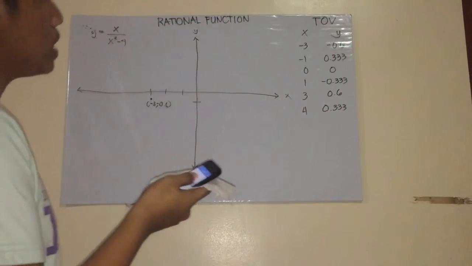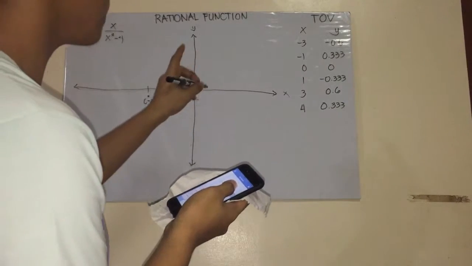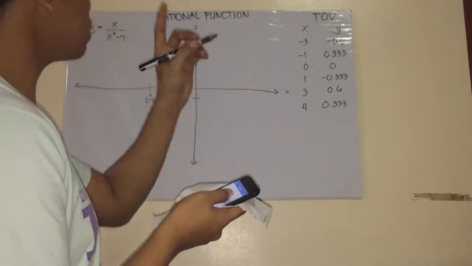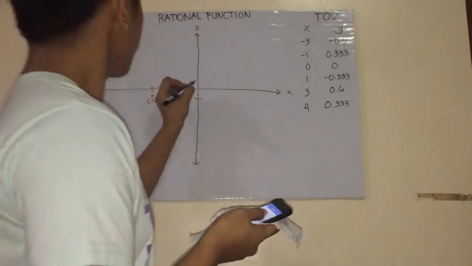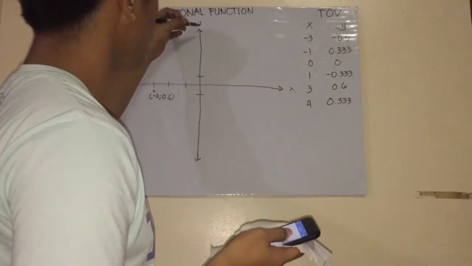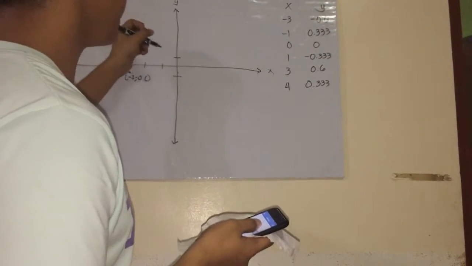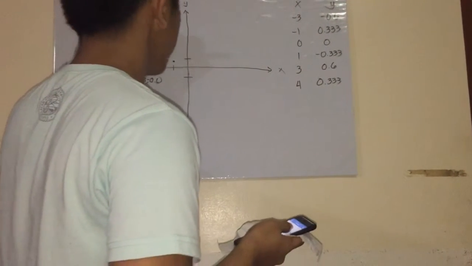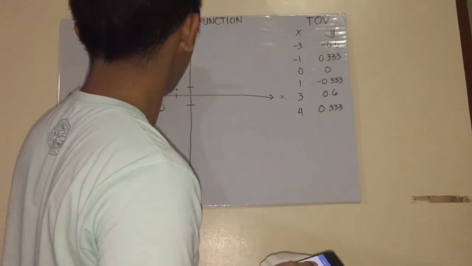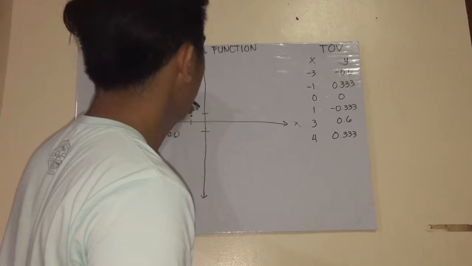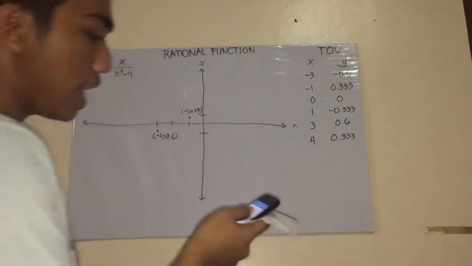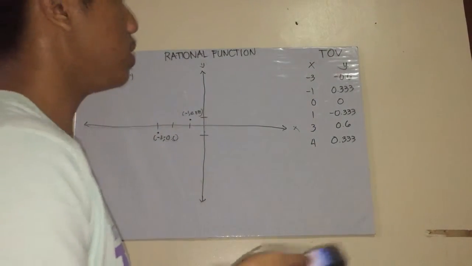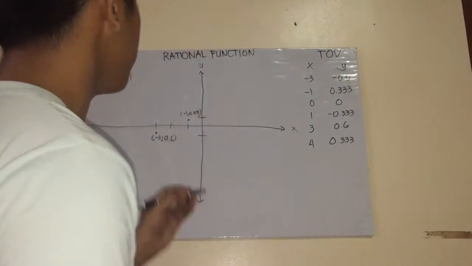So, our next value is negative 1 sa x, then 0.333 na positive. So, positive ng y, so nasa taas siya, then negative 1 is here. Assume na lang natin. Negative 1 and 0.333. Then, the next value is yung nasa center natin, 0 and 0.